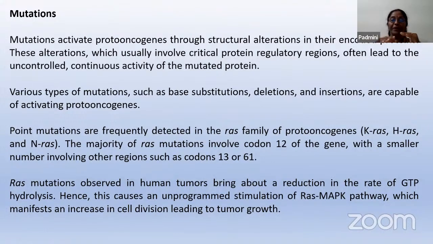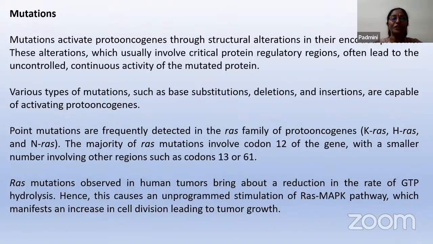Substitution, that is, instead of one gene, that gene is substituted by another gene, or it can be a deletion. If you remember, 5p minus, the deletion on chromosome number 5, and insertion, that is, if there are any insertions into the gene other than the normal gene, that also leads to activating the proto-oncogenes.